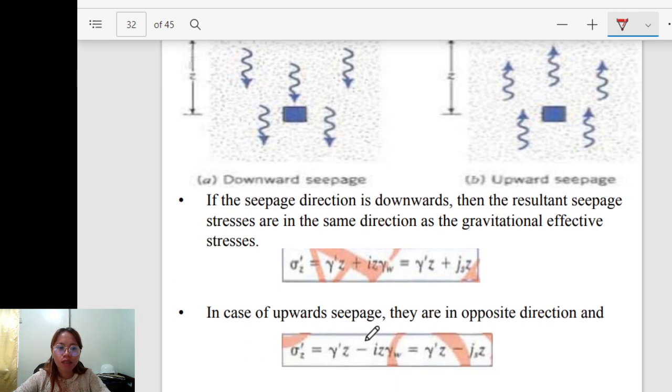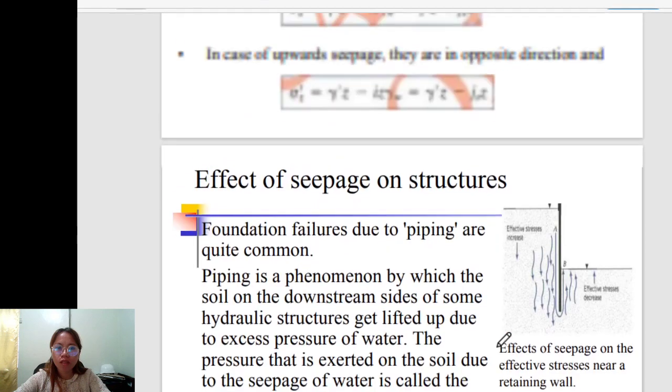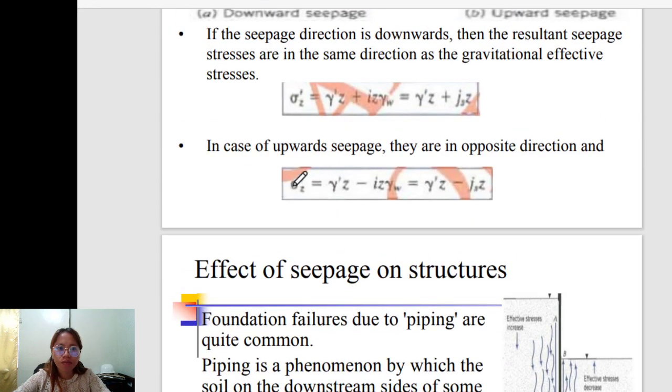In case of upward seepage, it becomes minus: buoyant unit weight times z minus i z gamma sub W, or gamma prime z minus J sub S z. This is for the effective stress.